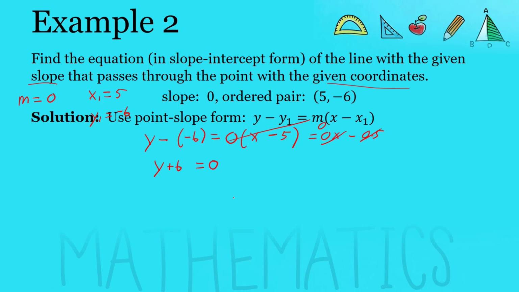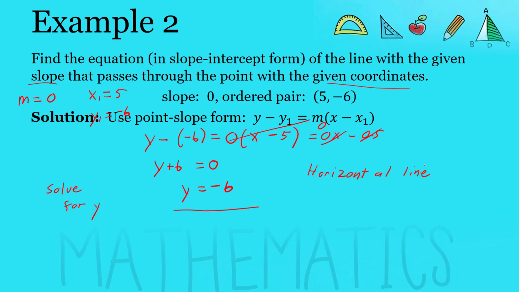Now, to put this in slope-intercept form, all we have to do is solve for y. We'll subtract 6 on both sides, and we'll end up with y is equal to negative 6. And this is in slope-intercept form. We have y isolated, and it happens to be equal to negative 6. And as you can see, this is the equation for a horizontal line.